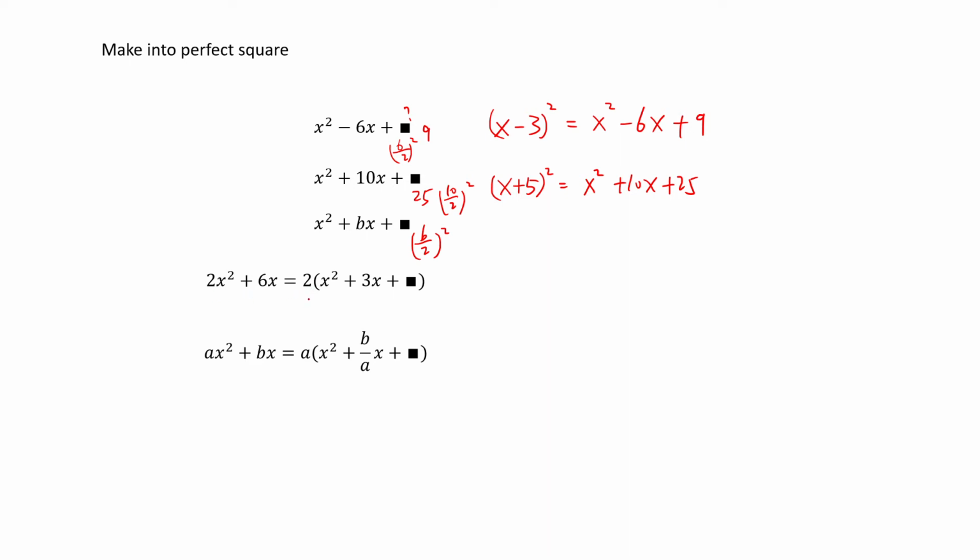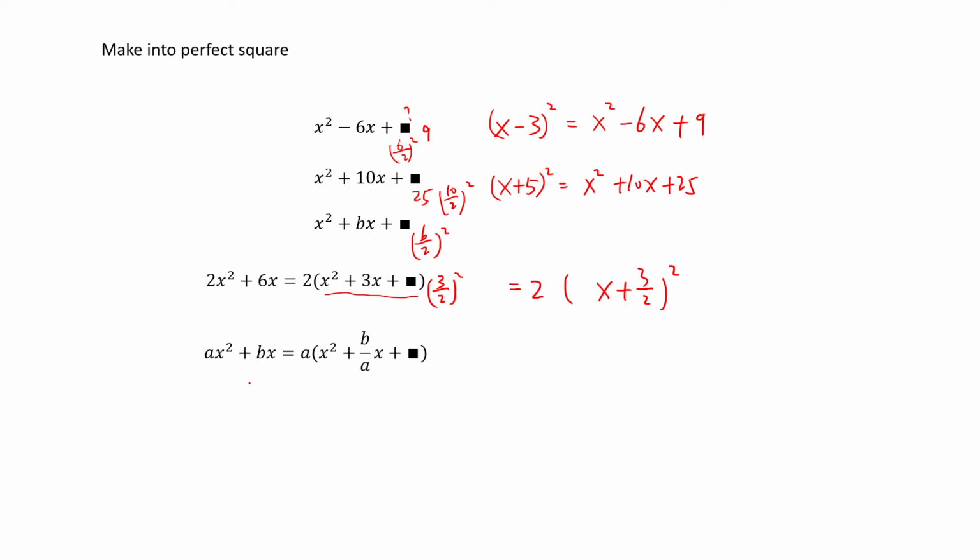So in this case, we factor out 2, then we complete the square of this. So we know for this one, we have to add 3 over 2 squared, and 2 is still outside, and the inside becomes x plus 3 over 2 squared.